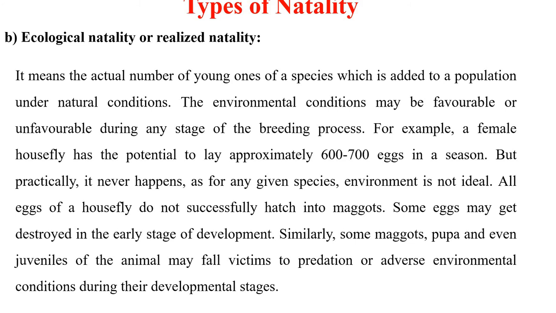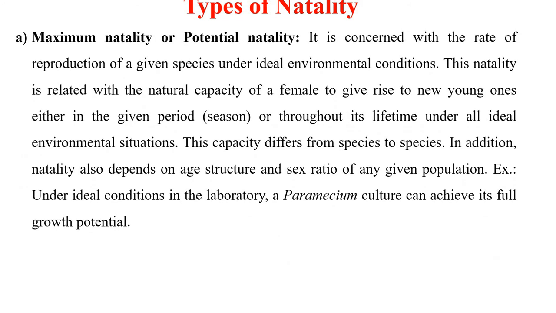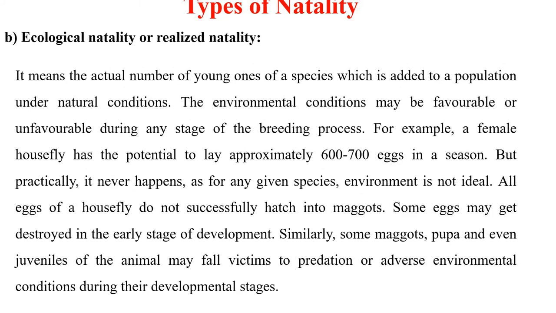Here remember that in the previous, that is maximum natality or potential natality, the term is ideal environmental condition, whereas in the realized natality or ecological natality, the term is under natural condition, not ideal. The environmental condition may be favorable or unfavorable during the stage of the breeding process or during breeding season.